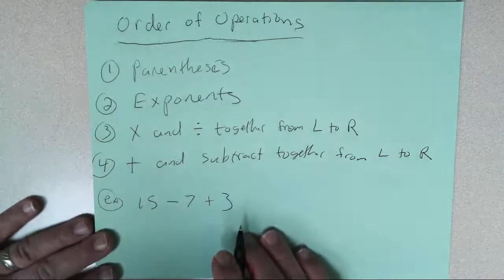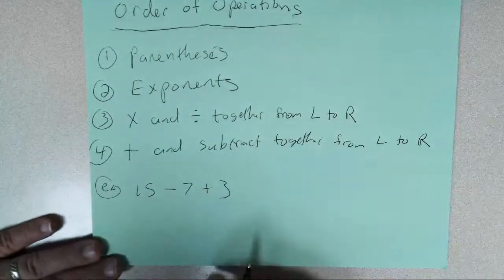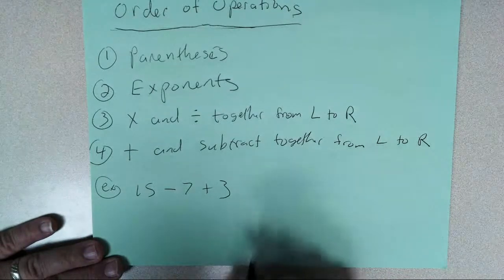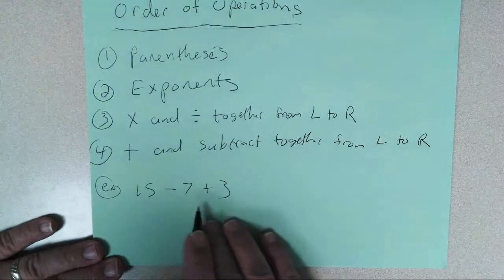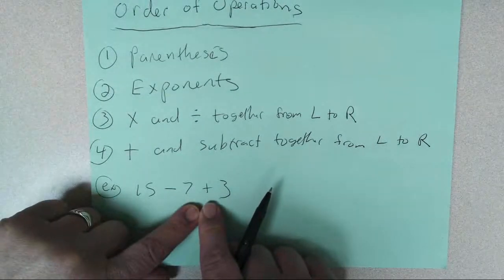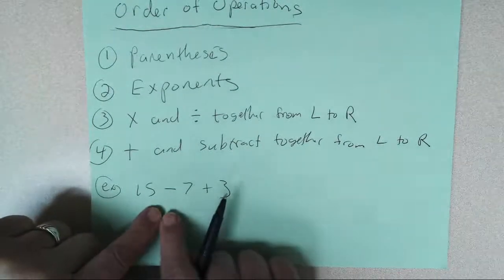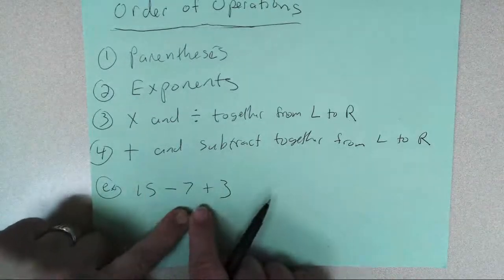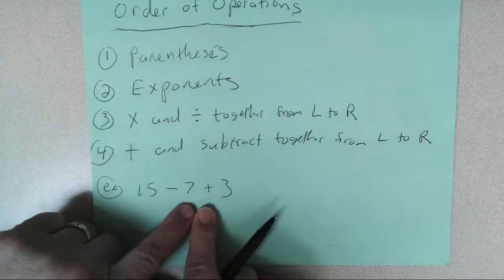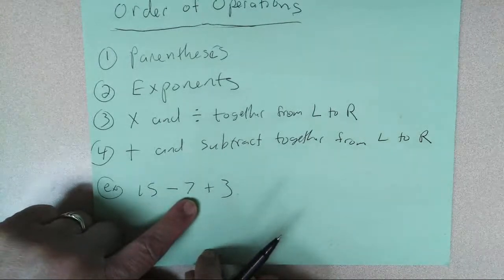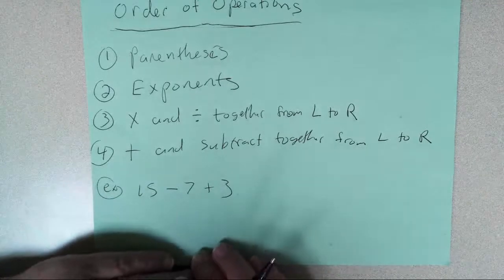If you're thinking, please excuse my dear Aunt Sally, and you think, oh, addition and subtraction, I should do addition first and then subtraction second, you're going to get this wrong. You shouldn't add these and get 10 and then take 15 minus 10 and get 5. That'll give you the wrong answer.